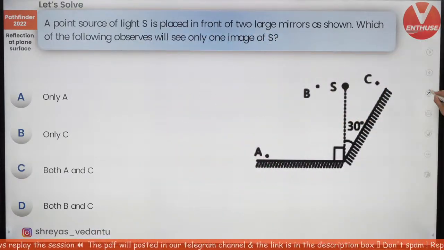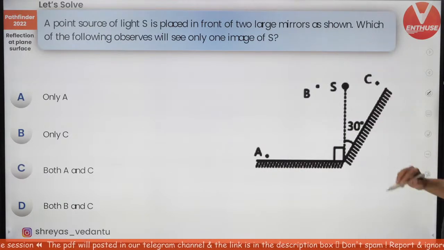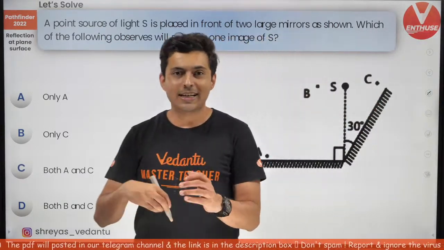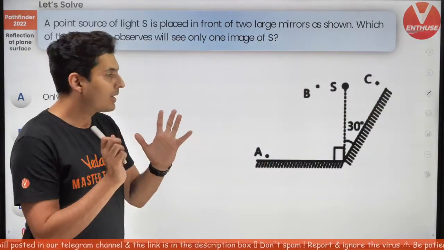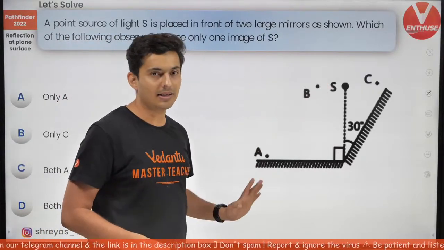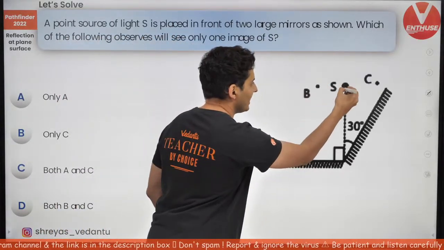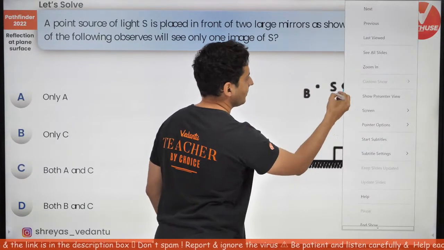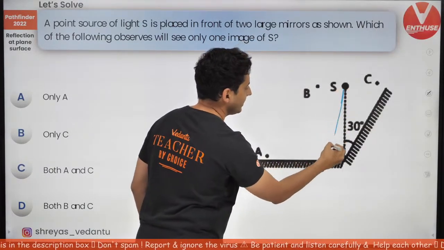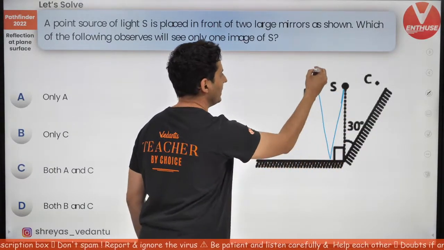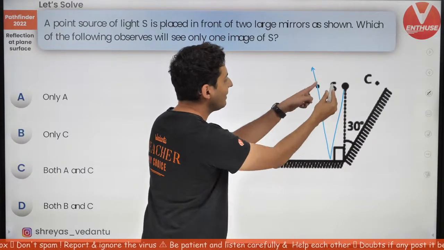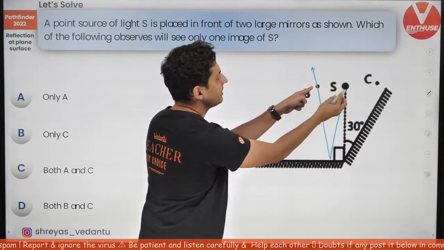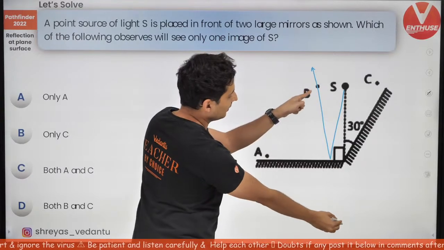Okay, here's the logic for it. Just draw the rays which are getting reflected and see if they can pass through A, B or C. For the source S, if the rays come like this, they can obviously pass through B. So if they pass through B, that means the source's image will be formed behind.